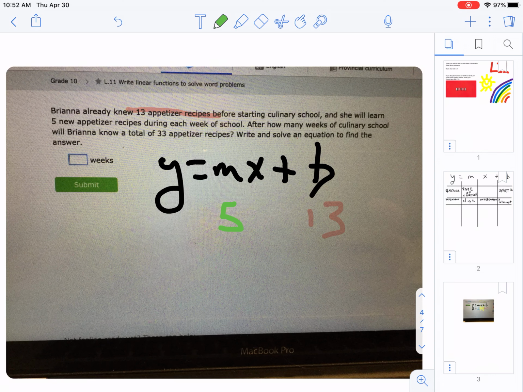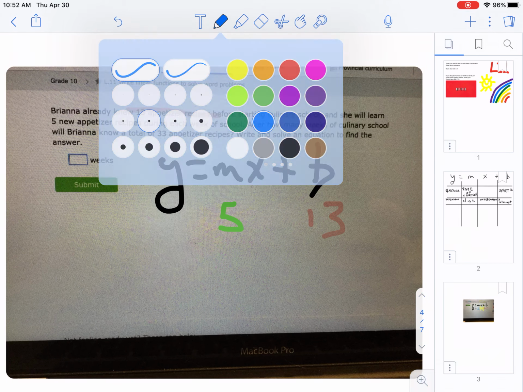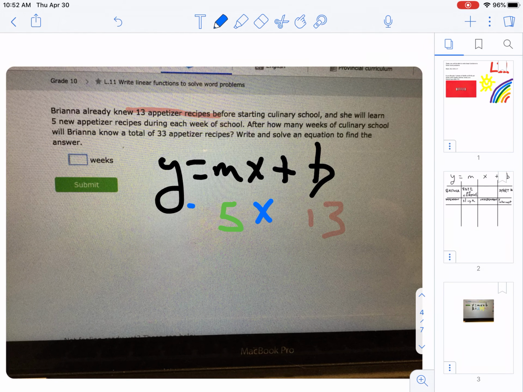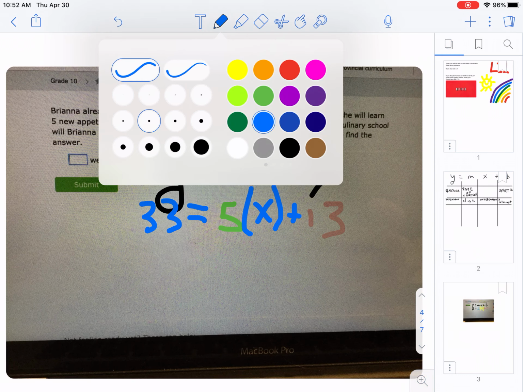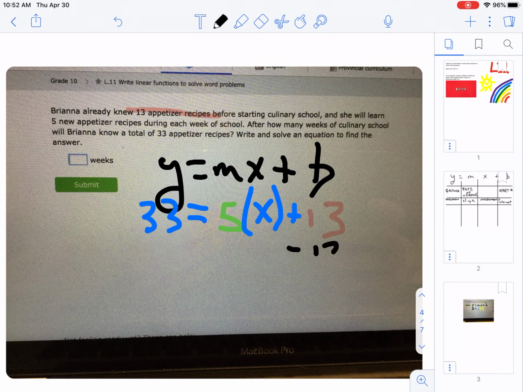After how many weeks of school will Brianna know 33 recipes? Okay, now this is where we use our equation solving skills that we learned in the last lesson, the review we did from elementary school. So what we do is we take away 13 from both sides. So that gives us 20 equals 5x.